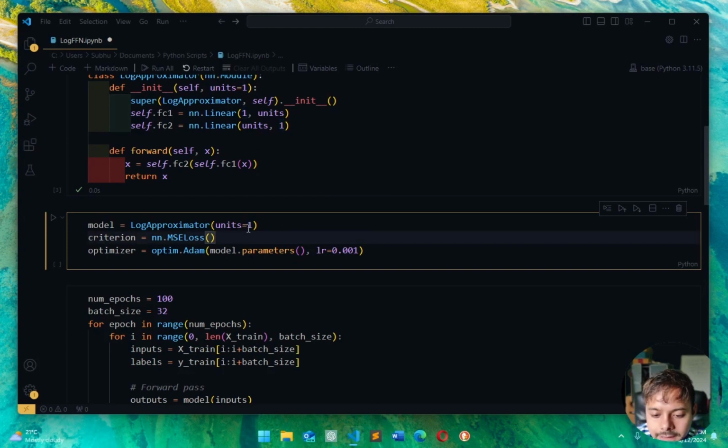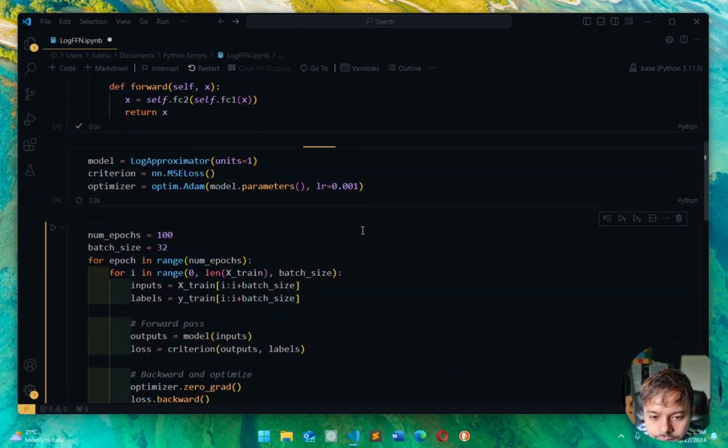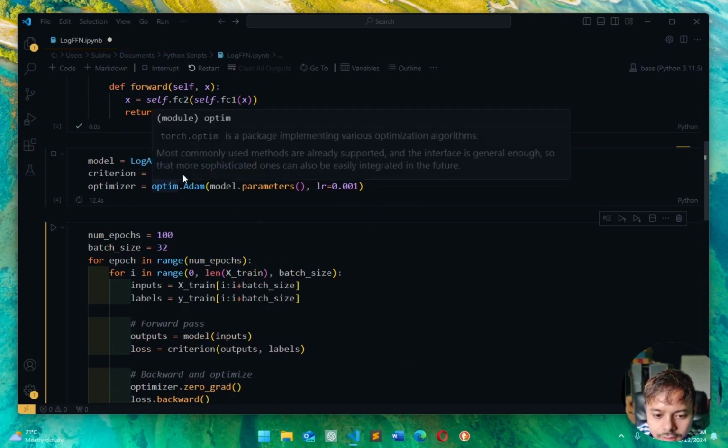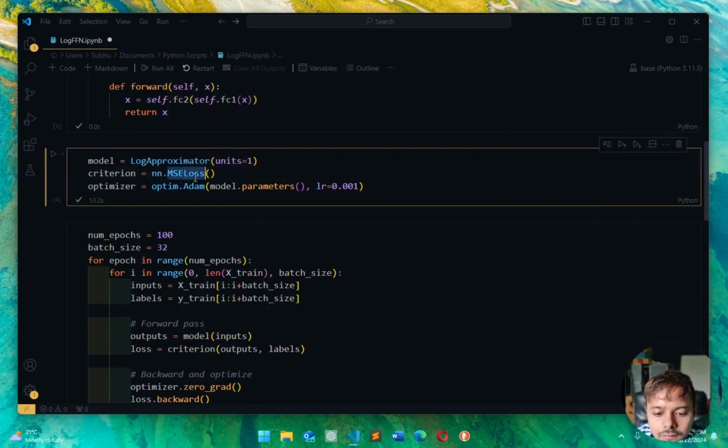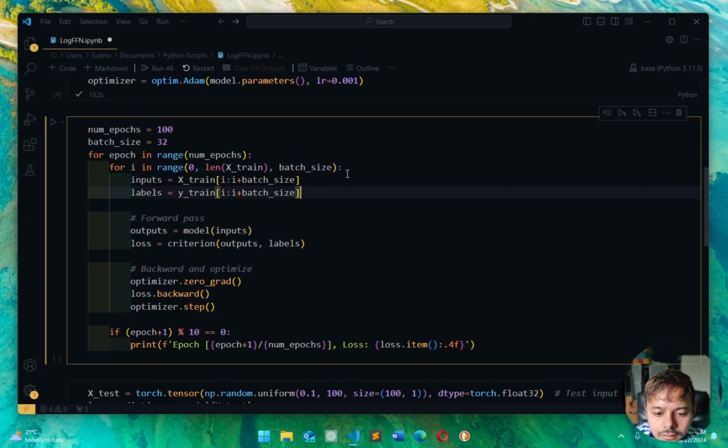I am using MSE loss as the loss function and the Adam optimizer. Now let's train the model with a batch size of 32 and epochs 200.